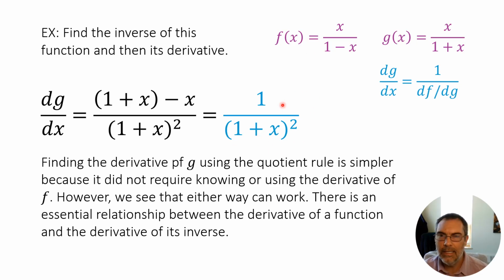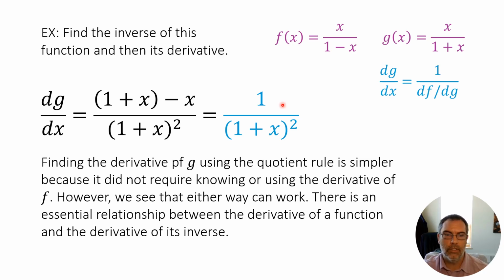It works. In this case, if you know the inverse function already, the quotient rule is a simpler way to go about this. Actually, you need to know the actual inverse function either way. So in this particular case, the quotient rule is simpler, but we see that it works both ways.